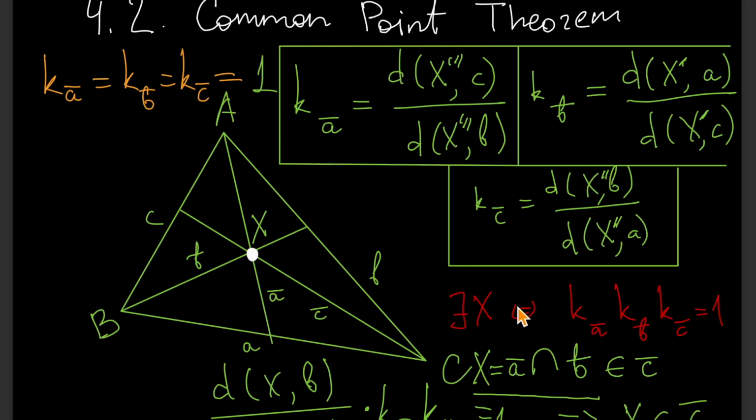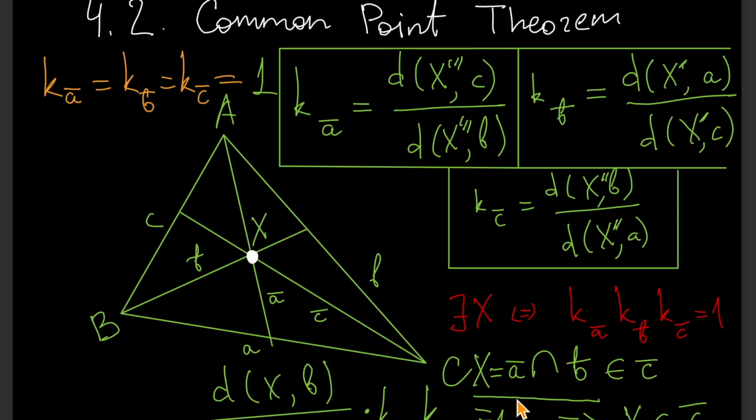And this is the implication from the left to the right. The opposite implication is just as simple. It is sufficient to set X equal to the intersection of two of the Cevians, and then because of this equality, it also lies on the third Cevian.